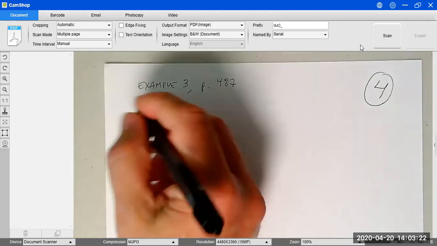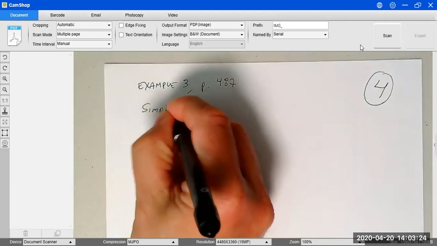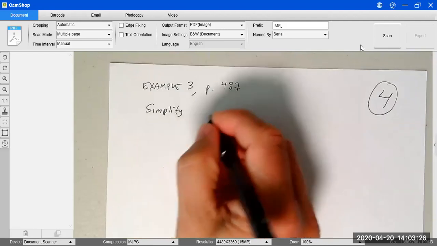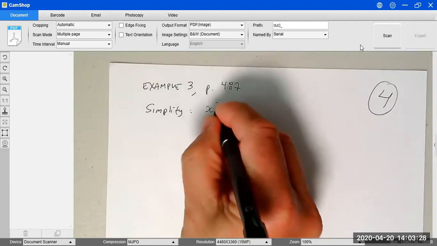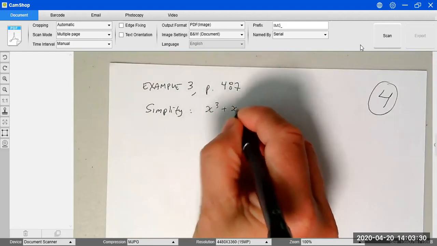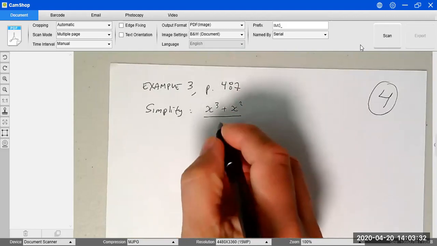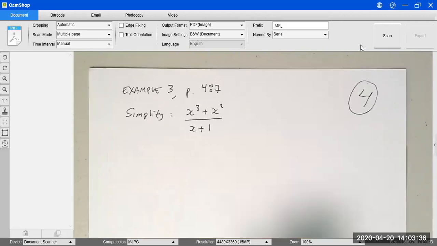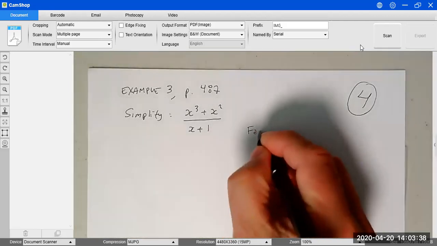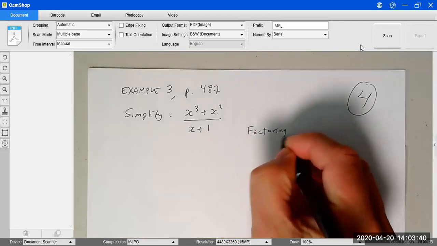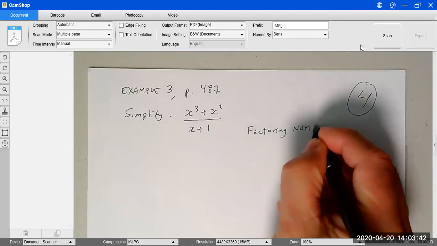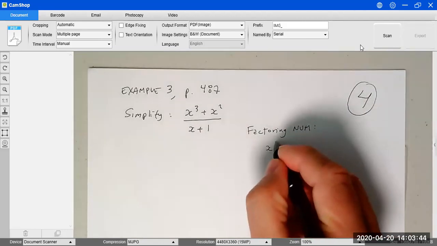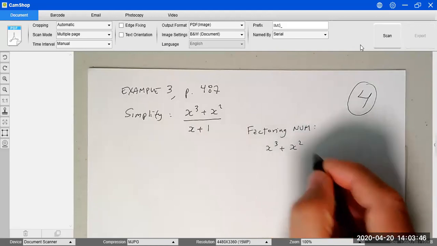So now we're going to simplify x cubed plus x squared over x plus 1. I'm going to do my factoring of the numerator. So I have x cubed plus x squared.